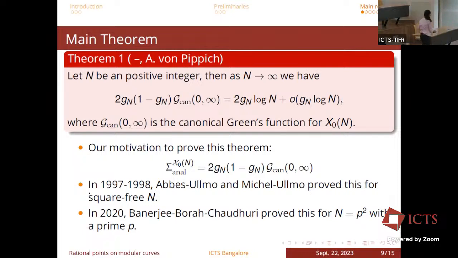Maybe the last step. Using that formula, we get 2g_n (1 minus g_n) times the canonical Green's function g_can(0, infinity), again for Gamma_0(n), equal to 8 pi g_n (1 minus g_n) c_{0,infinity}, the scattering constant with respect to cusps 0 and infinity, plus little g log n as n goes to infinity.